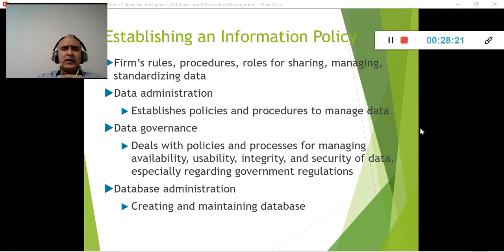And actually, it happens that there's a lot of information lost or breached or broken data, if we want to put it in some way, because this is not managed properly. We need to understand that data is one of our biggest assets, and as such we need to manage it properly.